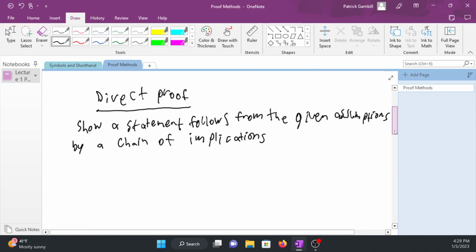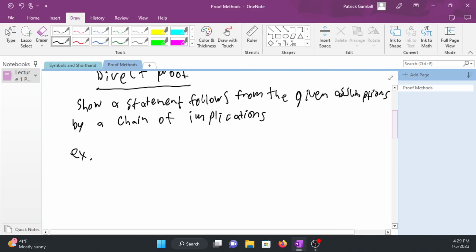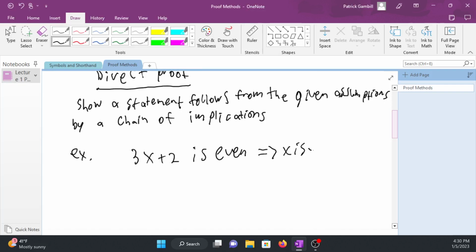So, for example, suppose we know that 3x plus 2 is even. I claim that this implies x is even. So if we want to prove this, we might use direct proof.